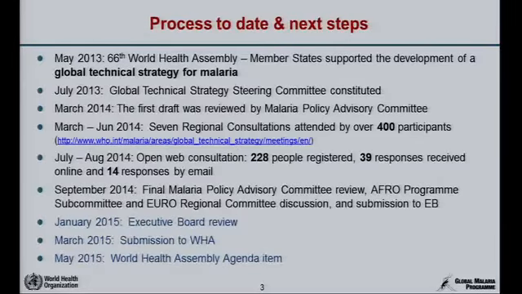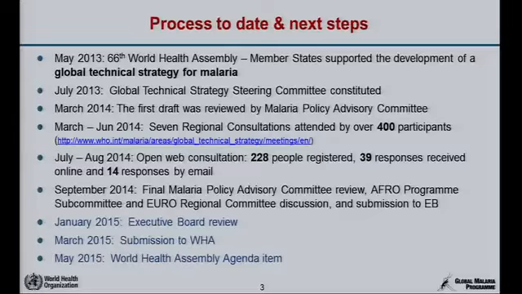A few words on the process, because indeed a lot of the product is the process itself, and we often talk of country ownership and empowerment, but often documents and strategies are developed in a very top-down approach, and we've been trying to shy away from that.